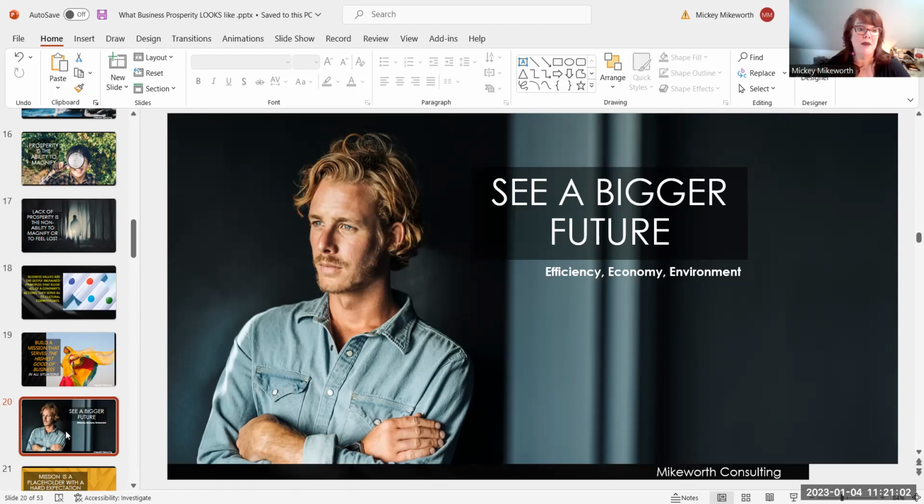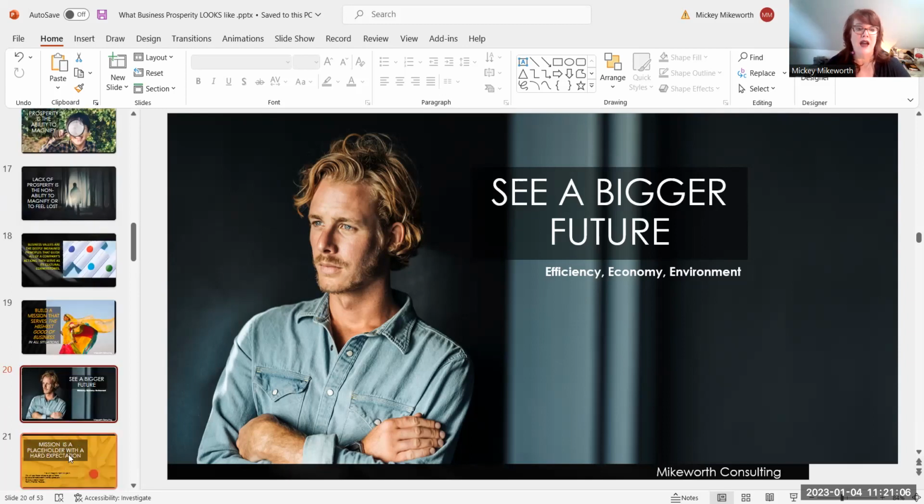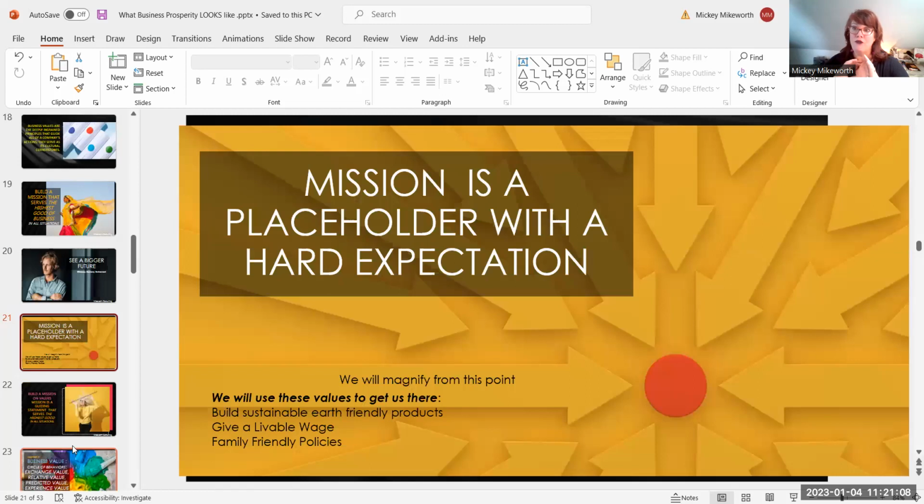So in our mission statement, we are looking for what is the highest good that we can do in business and how far out can we see it. Mission is this placeholder. When you see this on the slide, you see it as a million yellow arrows pointing to one red dot.